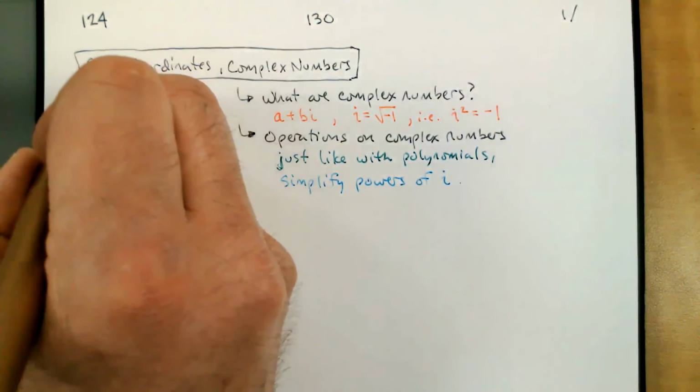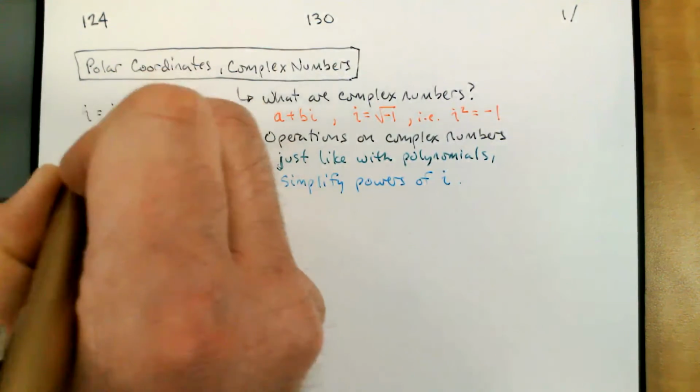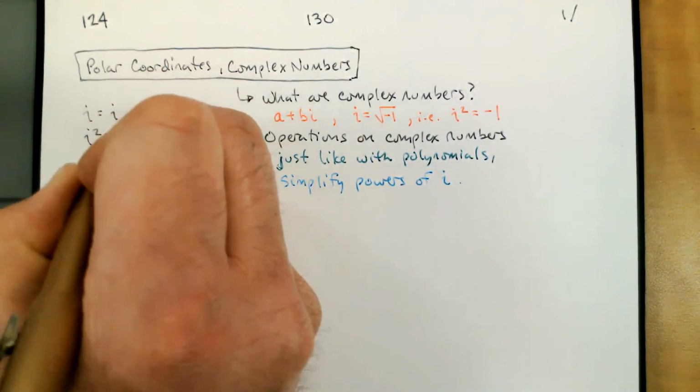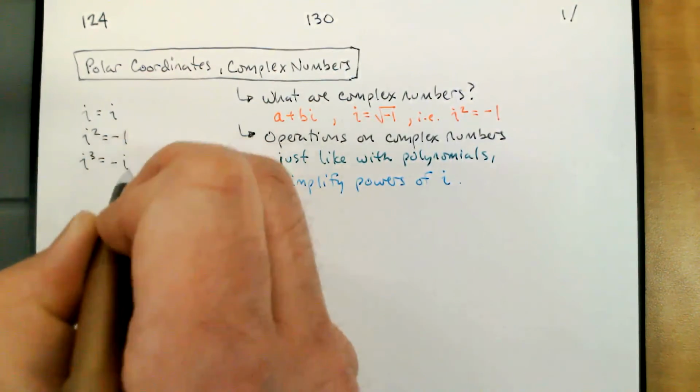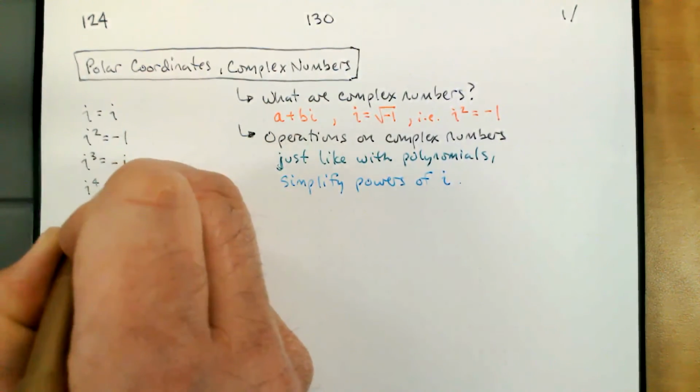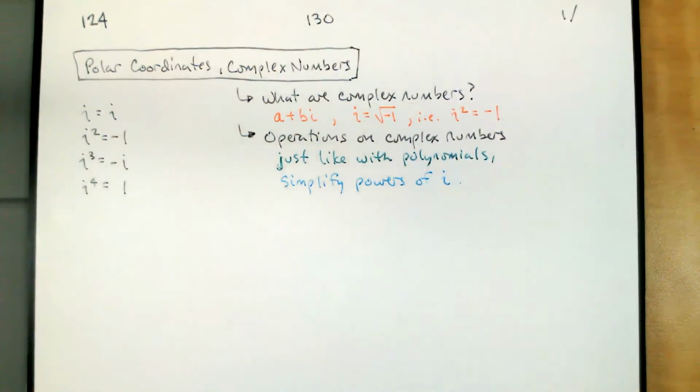So remember that i is just i. i squared is negative 1. i to the third is negative i. And i to the fourth is positive 1. Then it just loops back to the beginning. Every four powers, we get a 1.